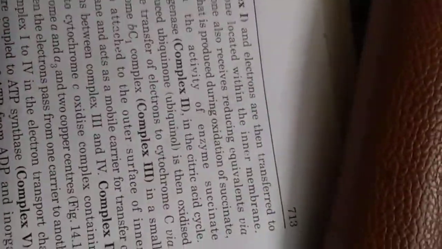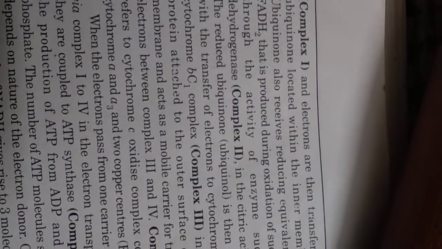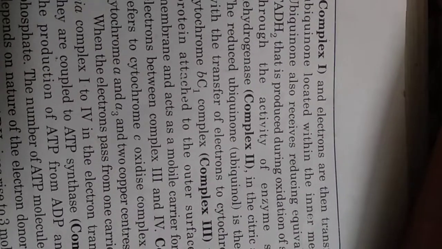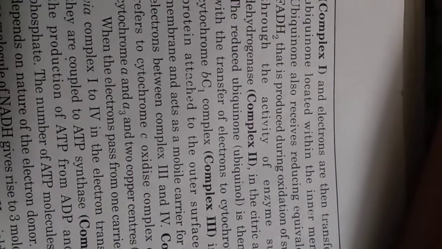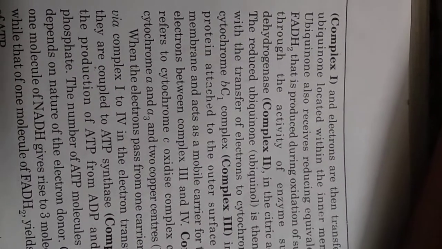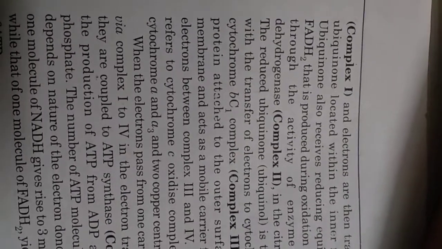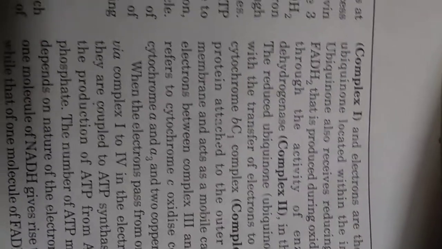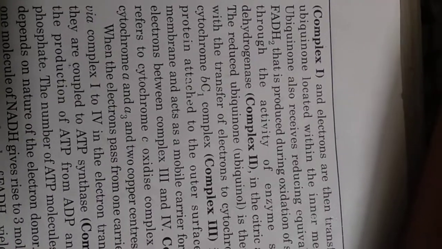Ubiquinone receives electrons from NADH2 via NADH dehydrogenase, which is complex 1, and from the other side also receives electrons from FADH2 produced by succinate dehydrogenase. Succinate dehydrogenase is also an enzyme, called complex 2.